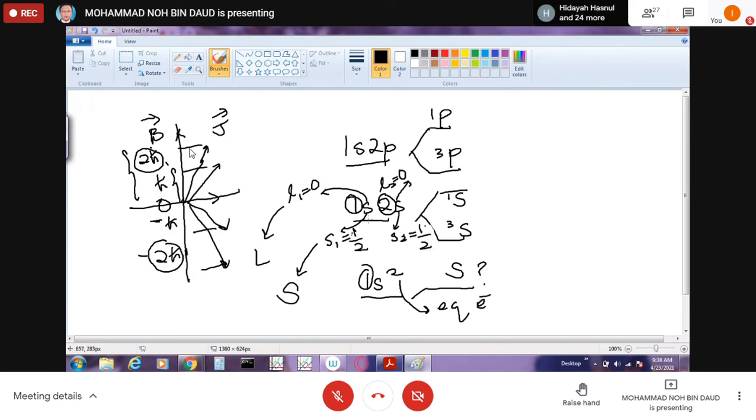These 2 electrons here are not equivalent because at least one quantum number differs, in this example n. They are different: n is 1 and this is 2. So these 2 electrons are known as non-equivalent electrons.